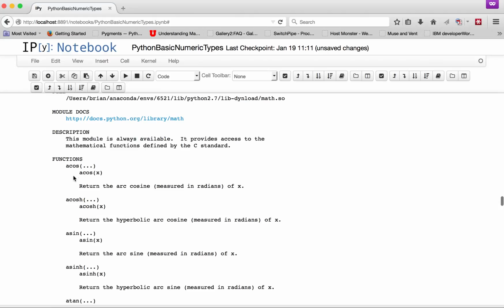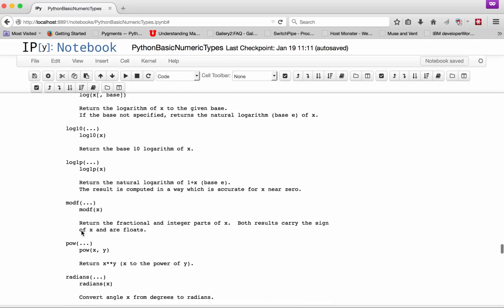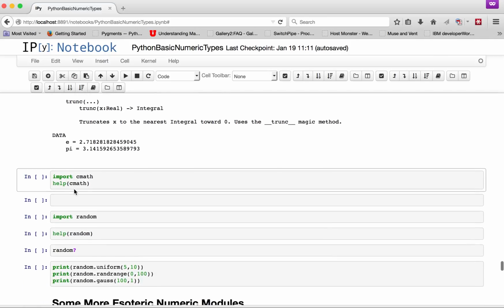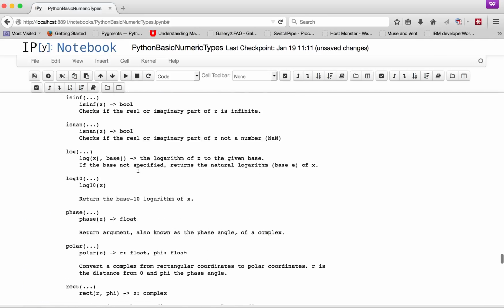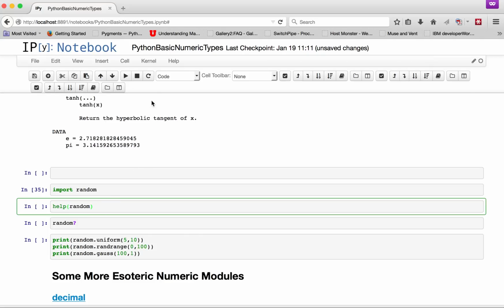It says what the module is, it gives the descriptions of the functions, and we could get the individual description of each function by doing help math.tan or math.tanh. We can do the same thing with the complex math library. And we can do the same thing with the random library.